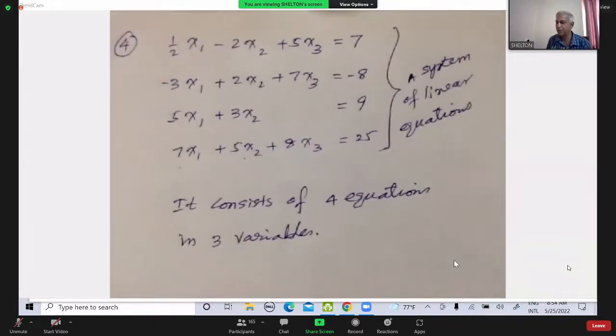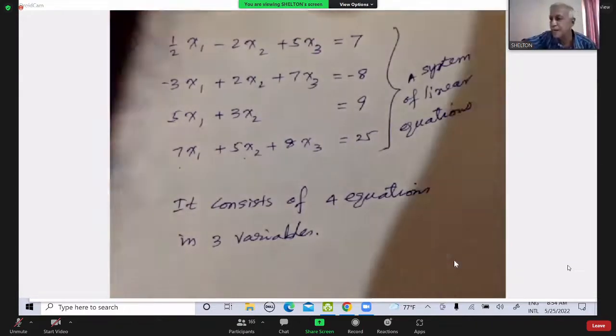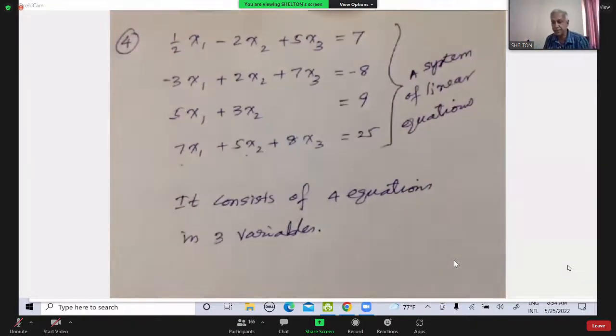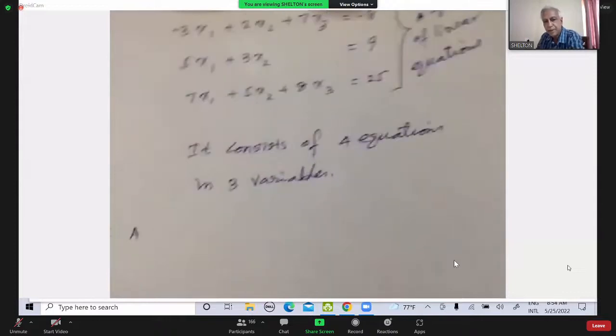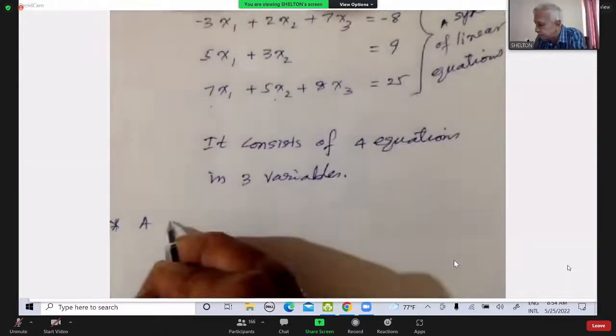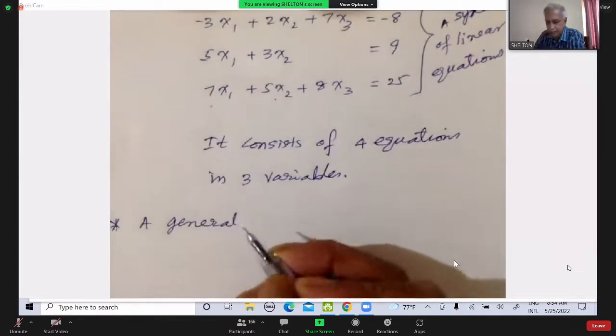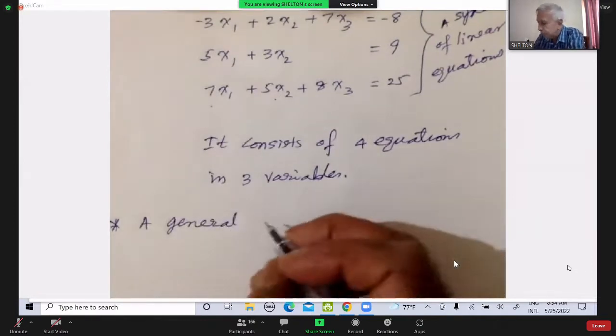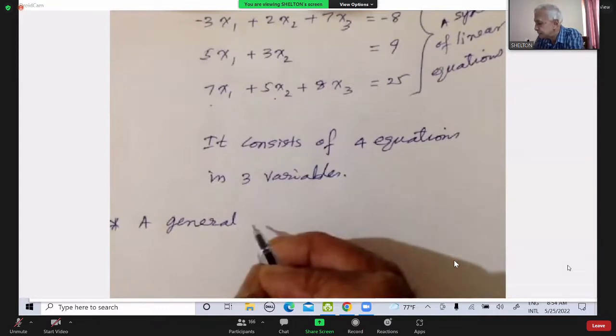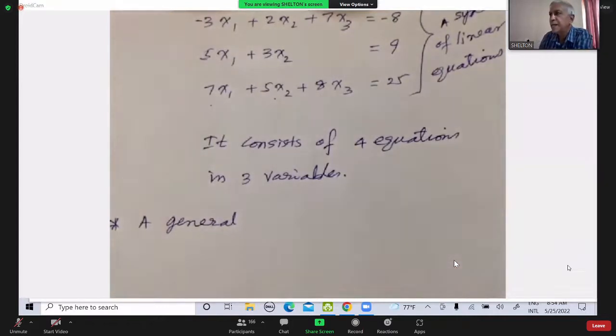So now we shall write down the general form of a system of linear equations. Sometimes we say linear system of equations.